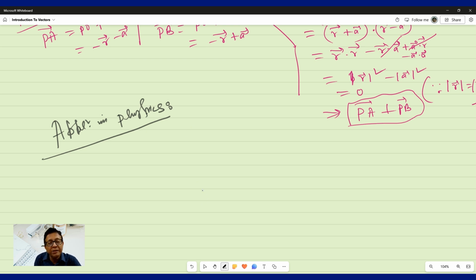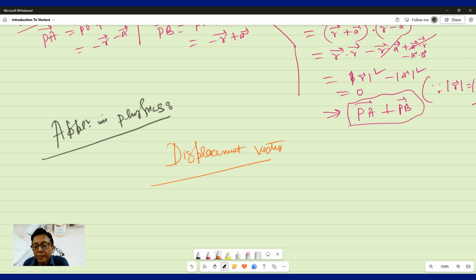But before that, let me explain the concept of displacement vector. What is that? An object, by the application of force, goes from A to B. Then it is displacement vector.